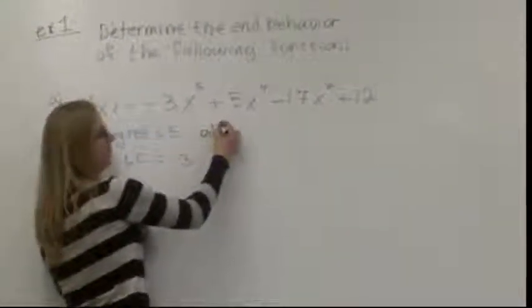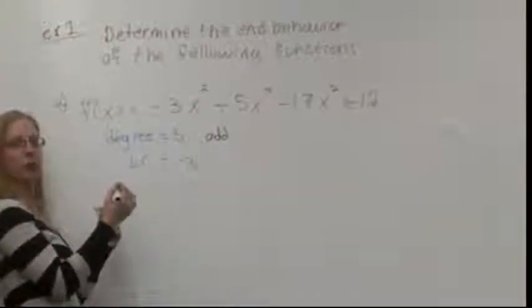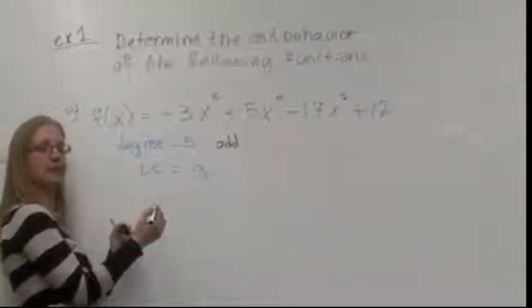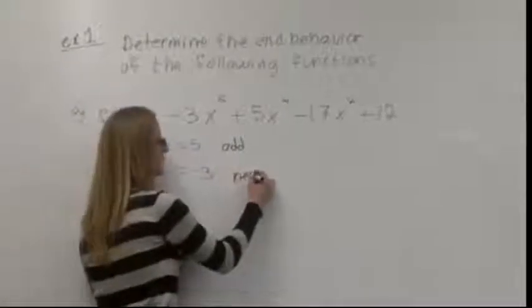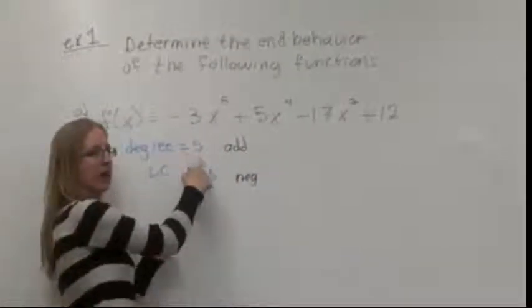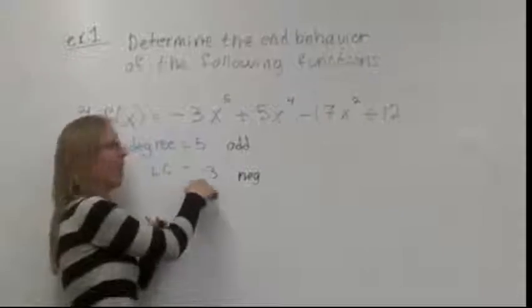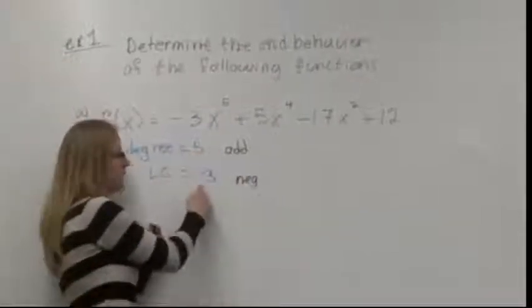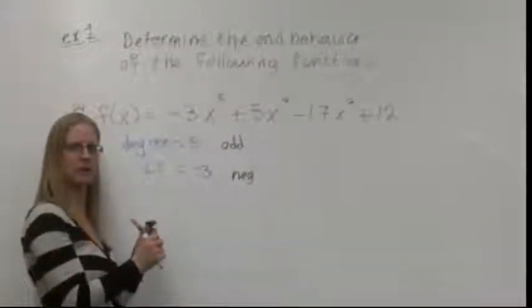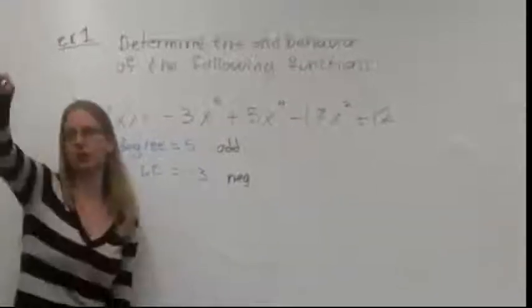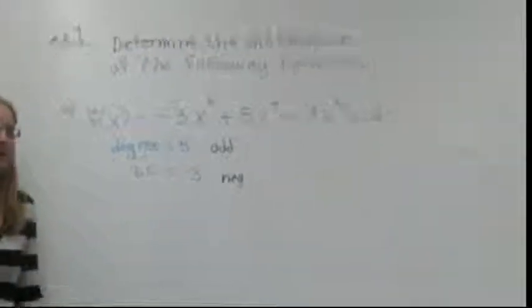Odd. What's my leading coefficient? Negative. Perfect. I don't actually care that this is 3. All I cared about was that this was odd and this was negative. Does that make sense? You just find it, and then you look at those 4. There are only 4 options. Not that hard, right? Narrow it down. Which one is it?